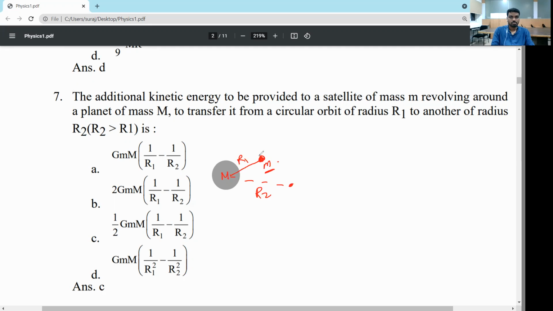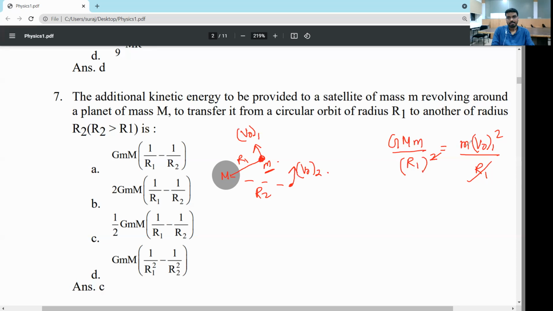Clear? So here it will be having some orbital velocity, v01. Here also it will be having some orbital velocity v02. Okay, how to find orbital velocity? GMm by r1 square equal to m v orbital 1 whole square by r1.